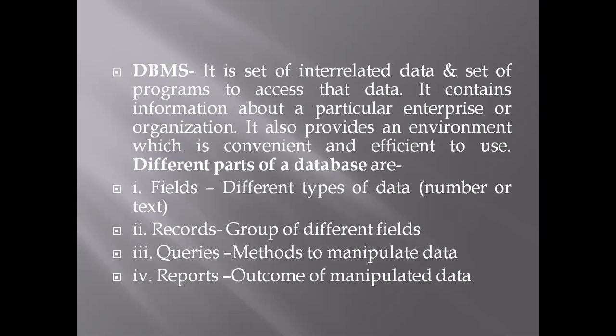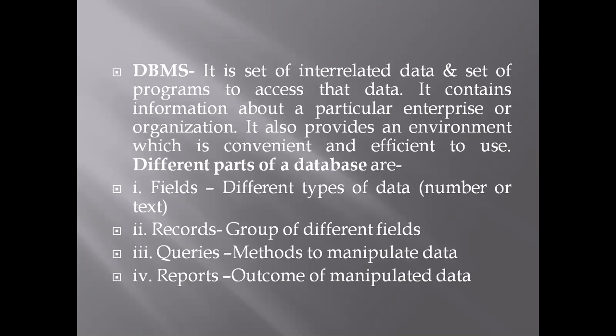It is a set of interrelated data and a set of programs to access the data. It contains the information about a particular enterprise or organization. It also provides an environment which is convenient and efficient to use. There are different parts of the database filled with different types of data, that is number or text. That is a field.